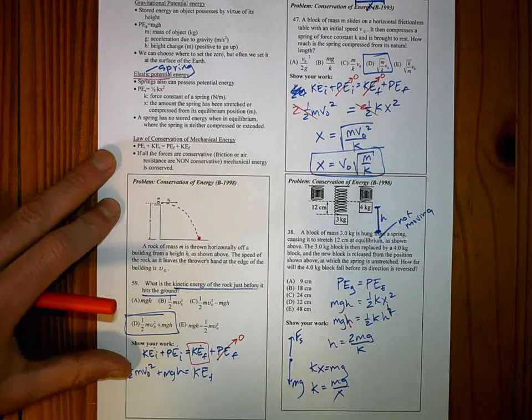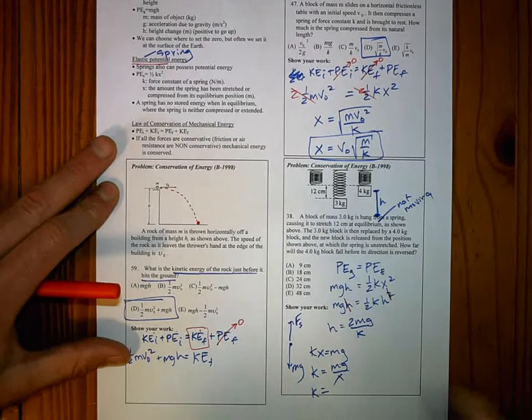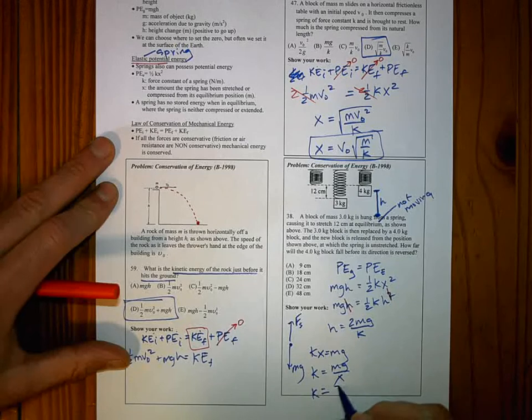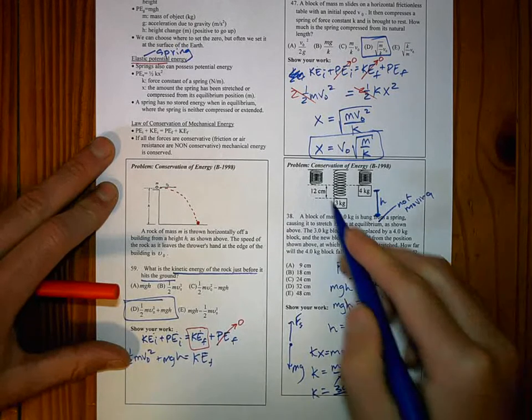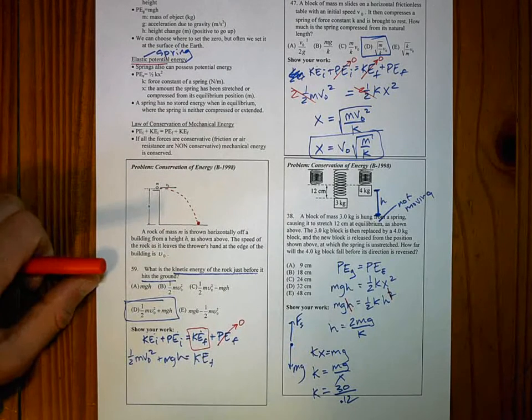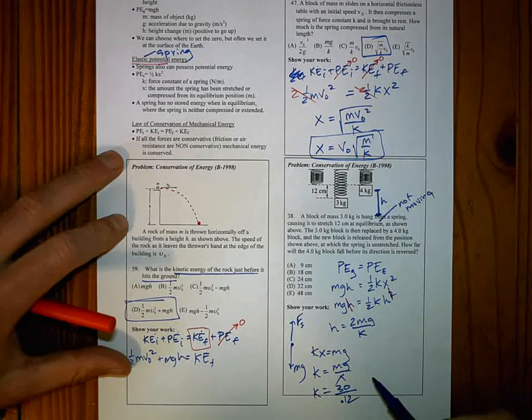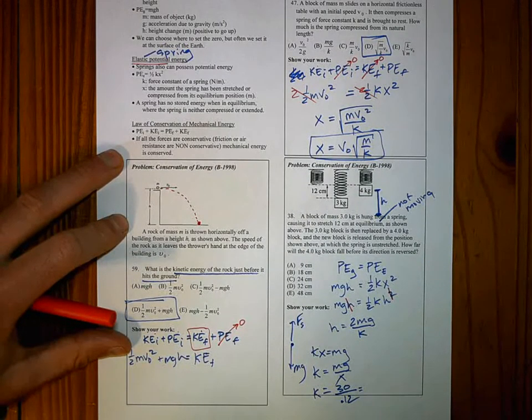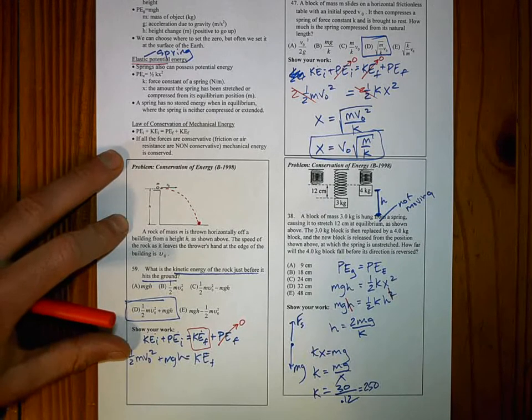So real quickly, the spring constant is going to be 30 over 0.12. That's about 250. Spring constant is about 250 newtons per meter.